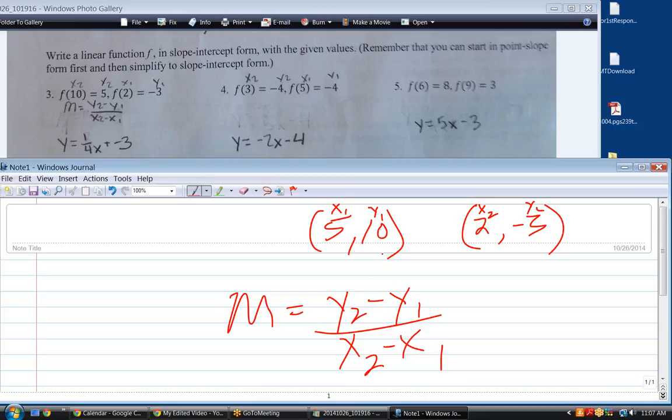In this particular problem, it's actually easier to do 10 minus a minus 3, in other words, y1 minus y2, all over 5 minus 2, which is beneficial because we don't have as many negative numbers in our answers. That's 13 over 3. Okay. So that's the slope. Okay, cool.